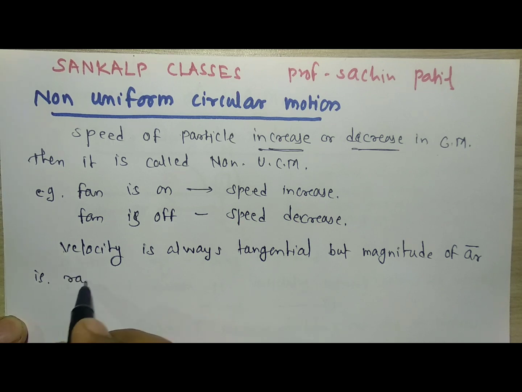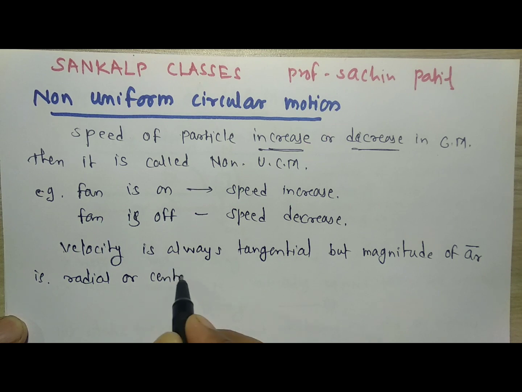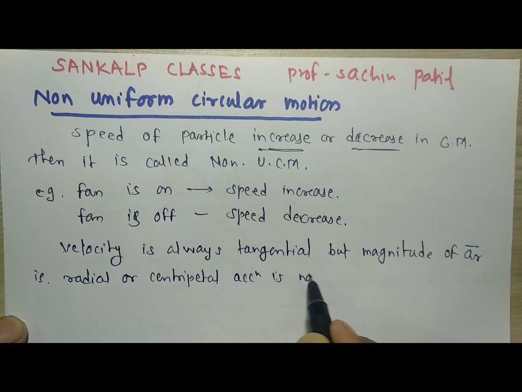It is the radial or centripetal acceleration, is not constant here. What does it mean? First of all, we think about the not constant. That means in uniform circular motion, we know that the centripetal acceleration or radial acceleration, which is acting towards the center, is constant.